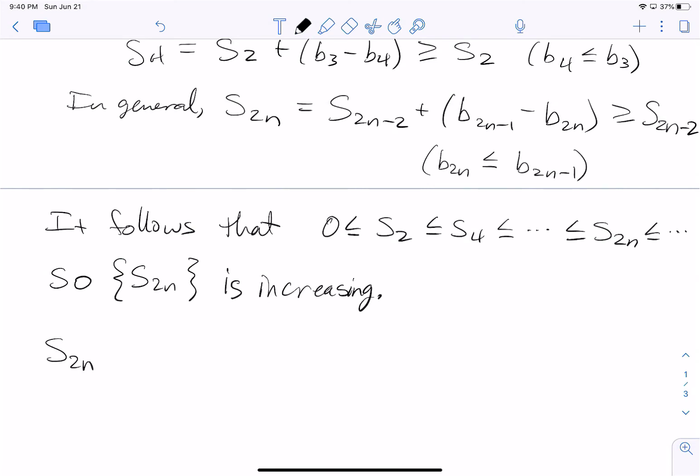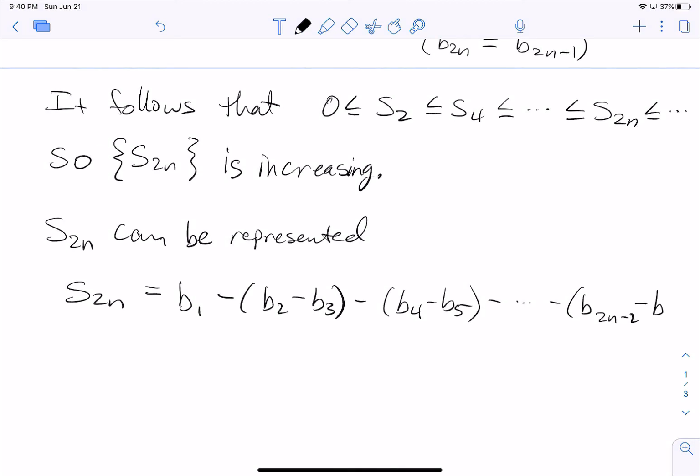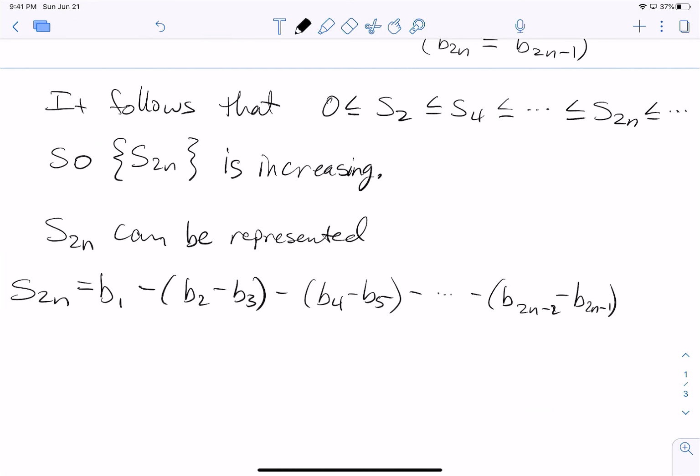Also, s_2n can be represented as s_2n is equal to b_1 minus the quantity of b_2 minus b_3, minus the quantity of b_4 minus b_5, minus the quantity of, well, ... minus the quantity of b_(2n-2) minus b_(2n-1), minus b_2n.